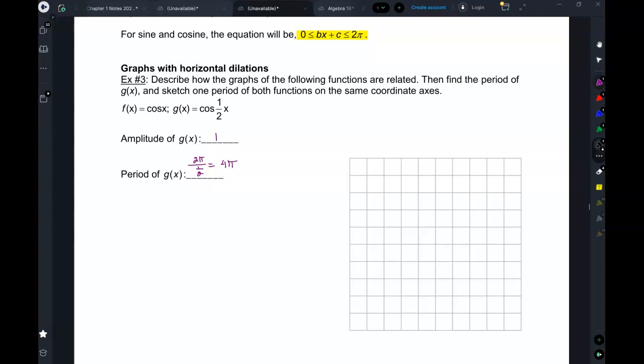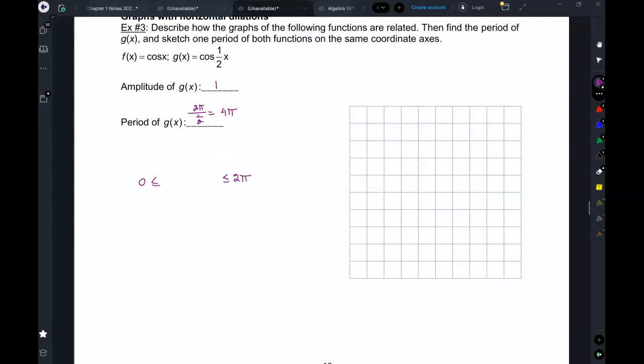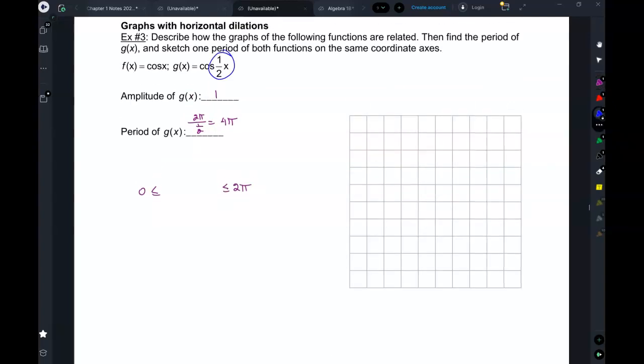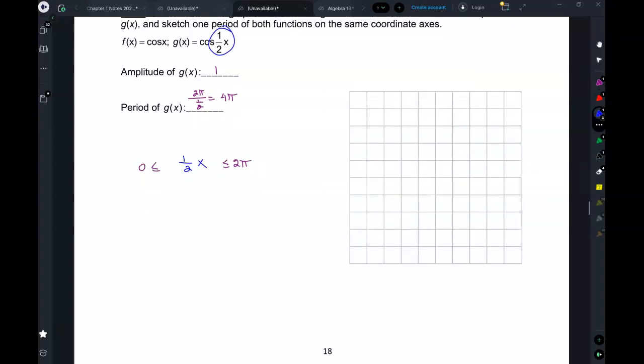Okay, so how are we going to graph this? What I want you to do is we go from 0 to 2 pi always, because this is the default period. Inside, you put this term, half x. And now you solve for x.